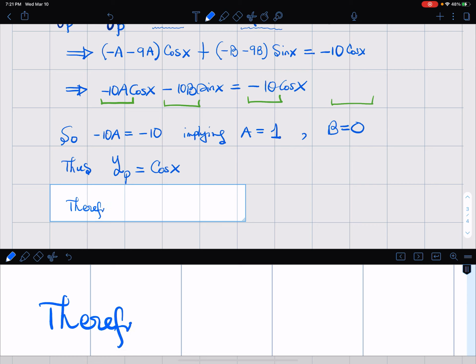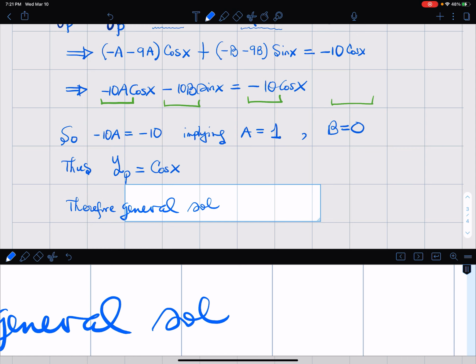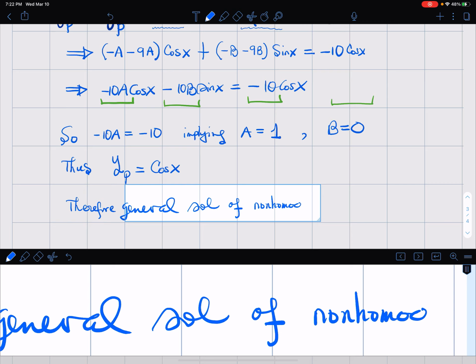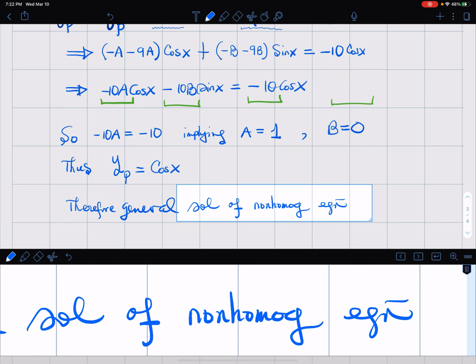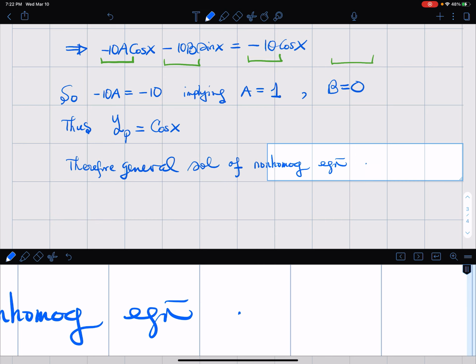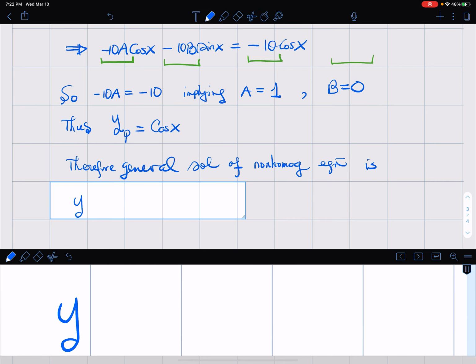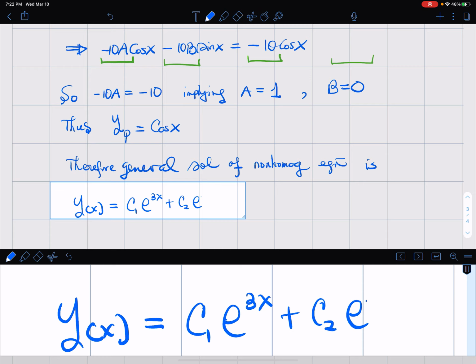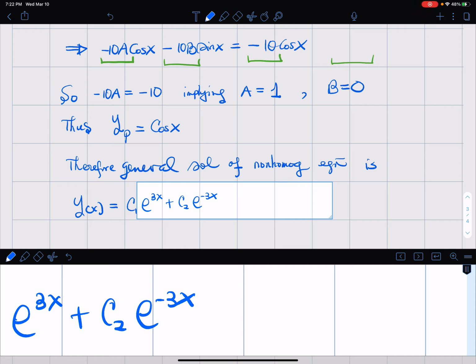Therefore, the general solution of our non-homogeneous equation is y of x, which is yc plus yp. yc is c1 e^(3x) plus c2 e^(-3x), and then yp is just cosine x.